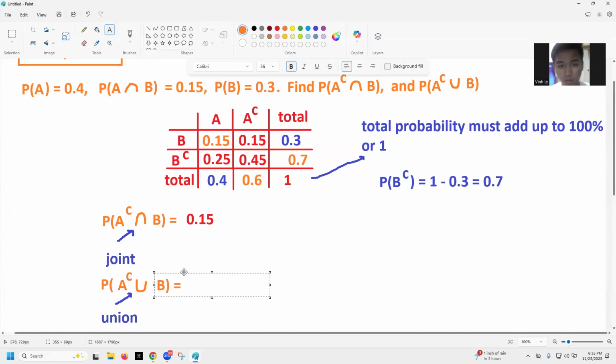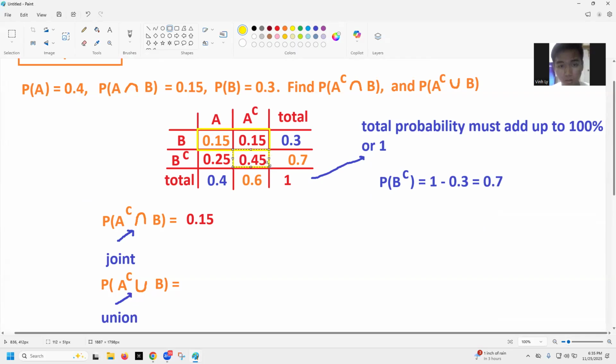So I'm going to add up the AC, which is 0.6, and B, and we have to add up these three boxes, because that's the union.